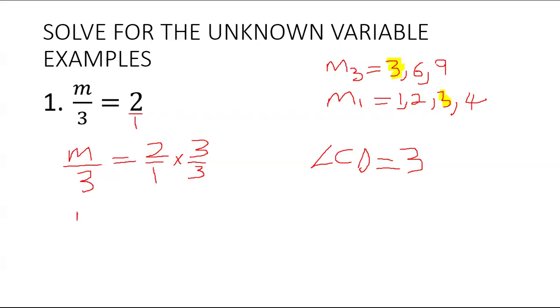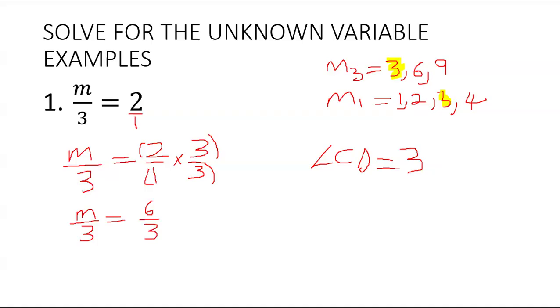So the left stays the same as m divided by 3, and on the right, when you multiply fractions, it's always numerator multiplied by numerator and denominator multiplied by denominator. So 2 times 3 will give you 6, and 1 times 3 will give you 3.